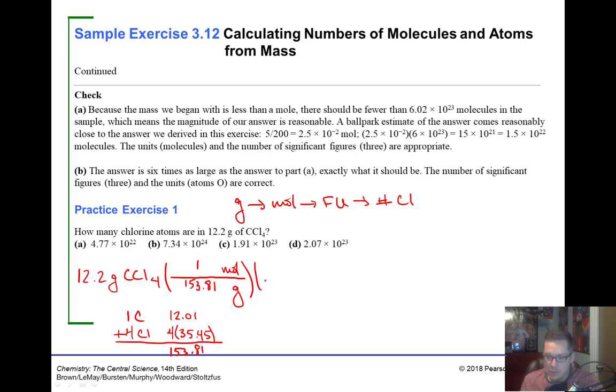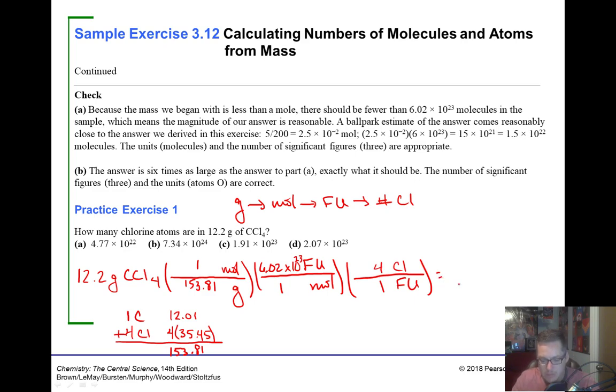Now we're in moles, but we get to go to formula units. Moles to formula units: that ratio is Avogadro's number, 6.02 times 10 to the 23rd. From there, we go to the number of chlorine atoms. For every one formula unit, we have 4 chlorines. So we take 12.2 divided by our molar mass, times Avogadro's number, 6.02 times 10 to the 23rd, and then times 4.